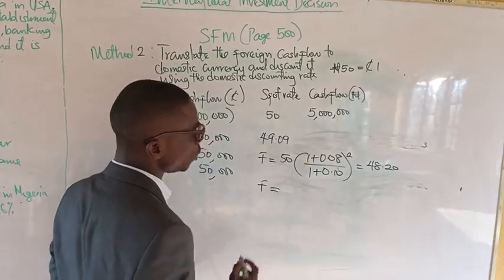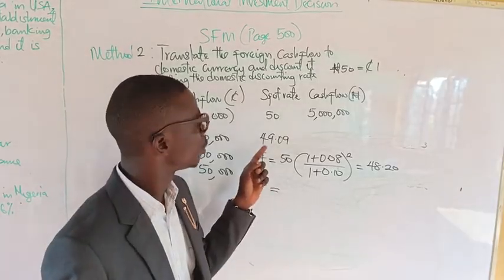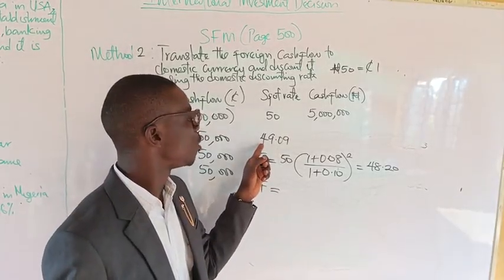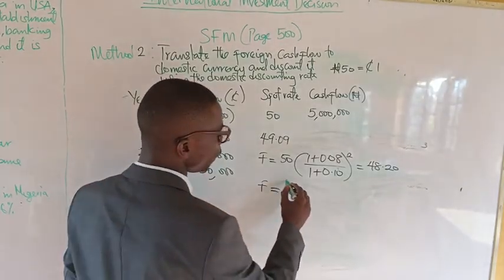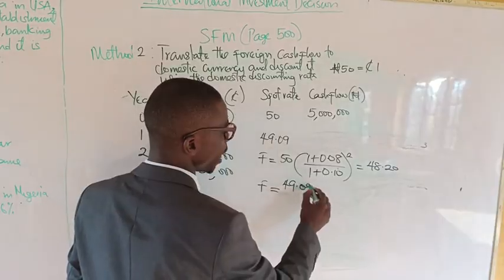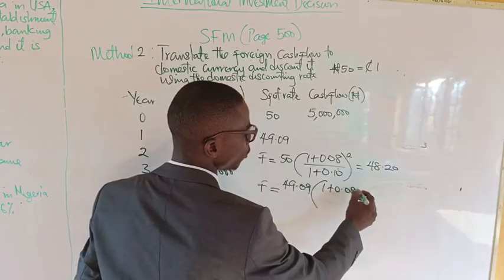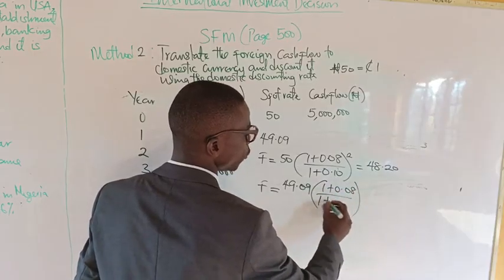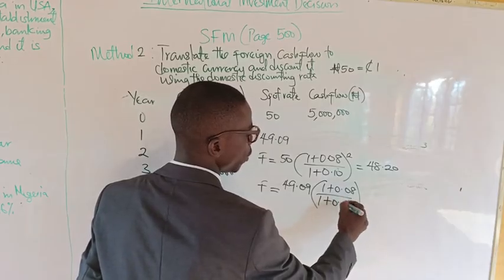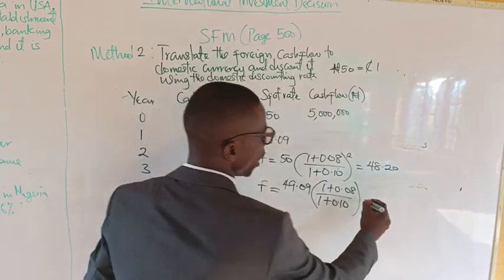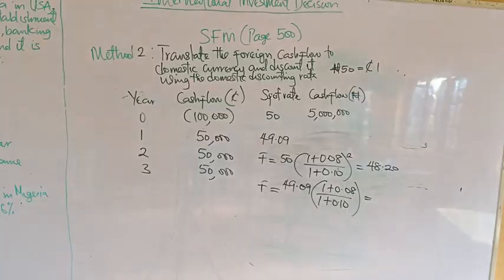The predicted spot rate can be: what is the spot rate in year 1? 49.09, right? So it can be 49.09 times 1 plus 0.08 all over 1 plus 0.10. What will you have? It should be 48.2. Am I right?